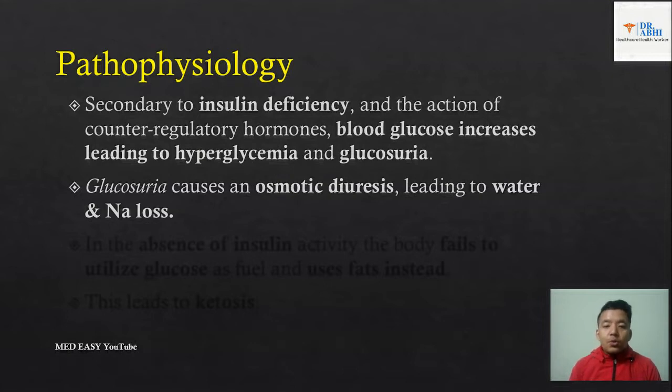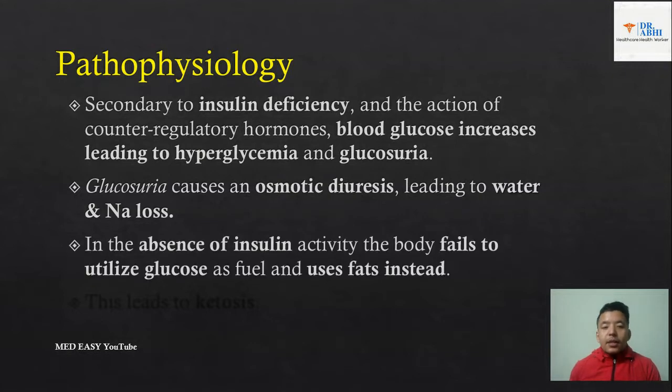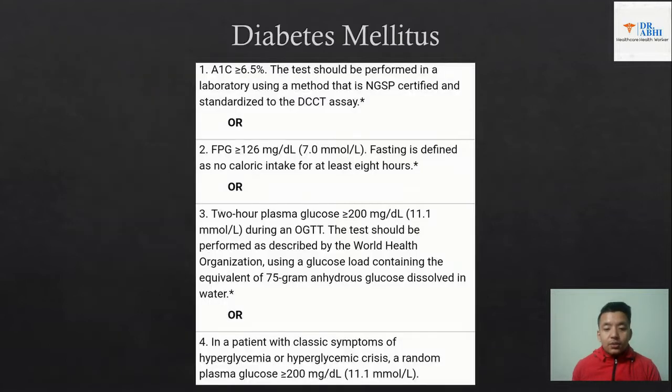Glycosuria causes osmotic diuresis leading to water and sodium loss. In the absence of insulin activity, the body fails to utilize glucose as fuel and uses fat instead, and this leads to ketosis.